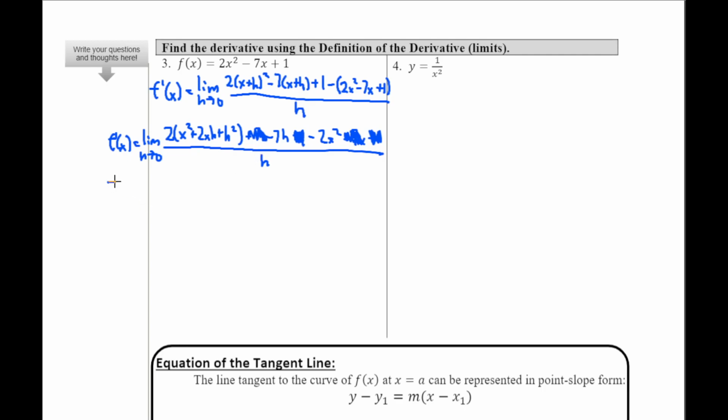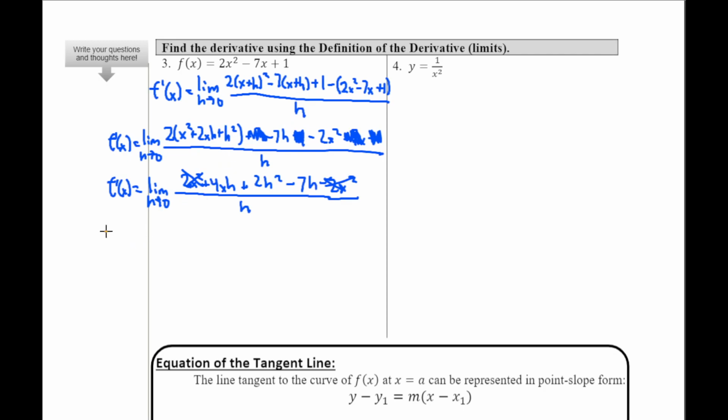And then if we continue from here, f prime of x, limit as h approaches 0, 2x squared plus 4xh plus 2h squared minus 7h minus 2x squared all over h. And if you notice here, we have a 2x squared here and a minus 2x squared here. These cancel out.